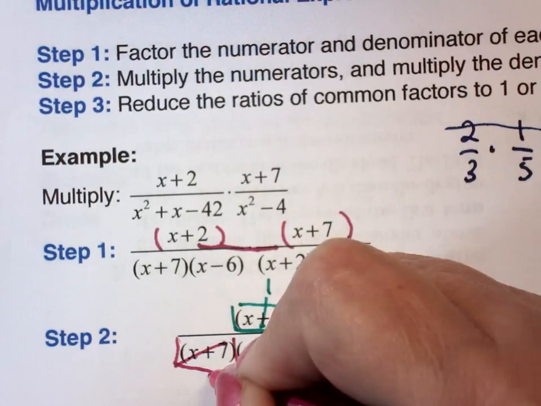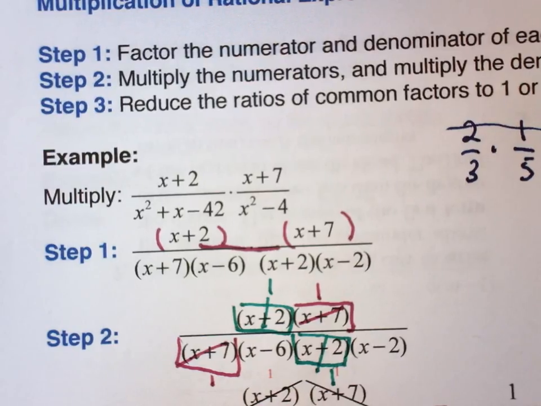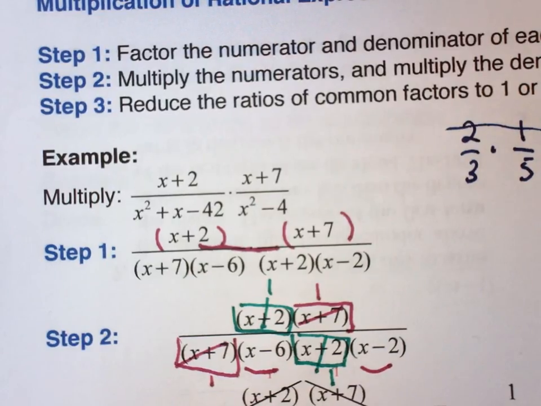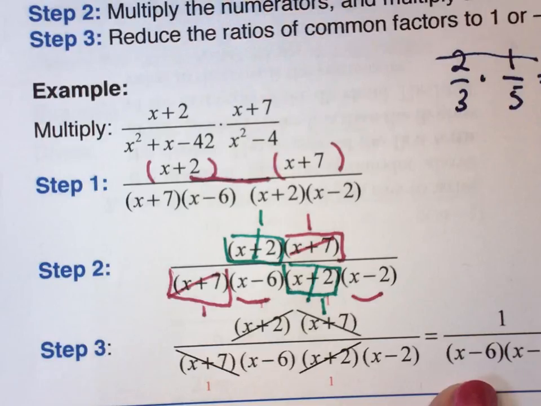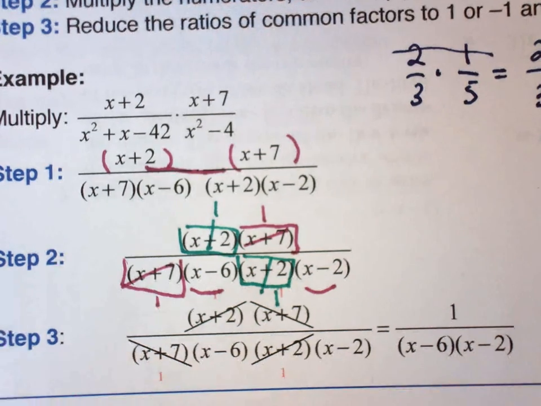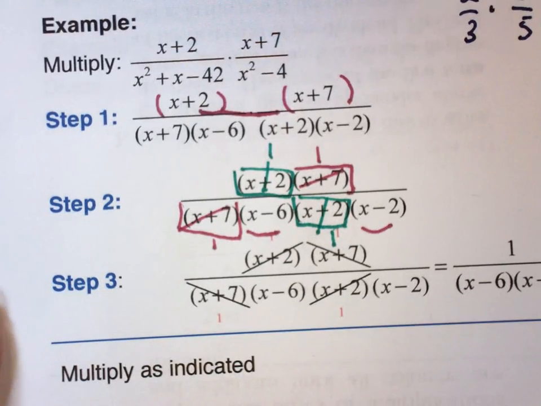That forms a 1. So what you're going to be left with is 1 over what's left over, which is x minus 6, x minus 2. Simply, that's just what it is.